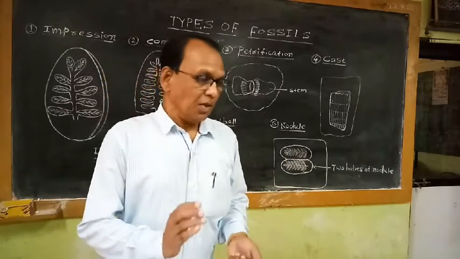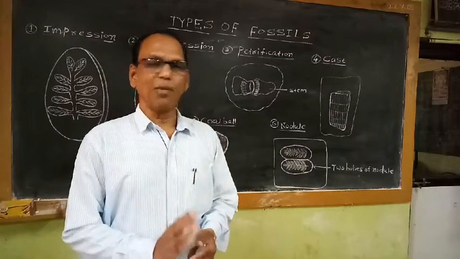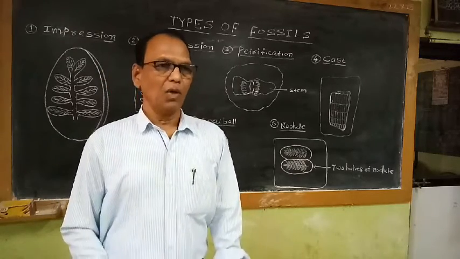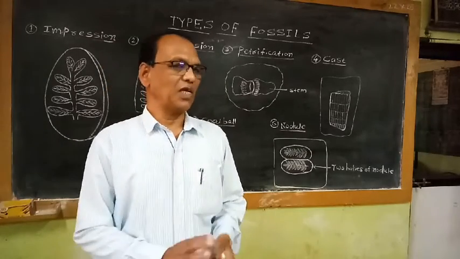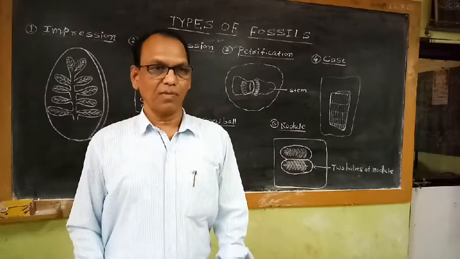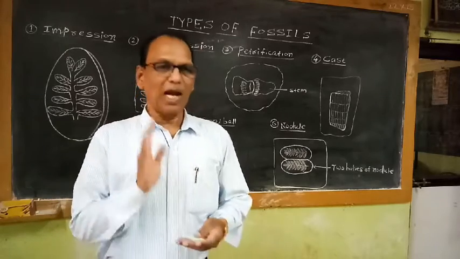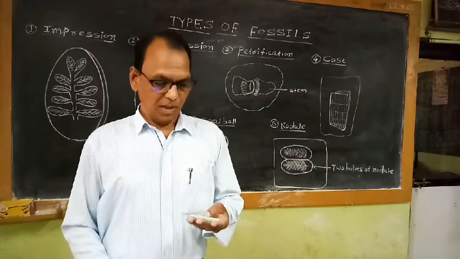That means when the fossilization process begins, when any part of the plant or fragment of the plant falls on this surface, afterwards sedimentation begins and this plant fragment or plant part gets buried in the sediment.